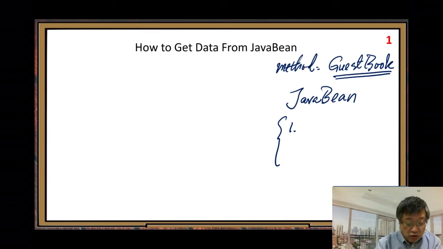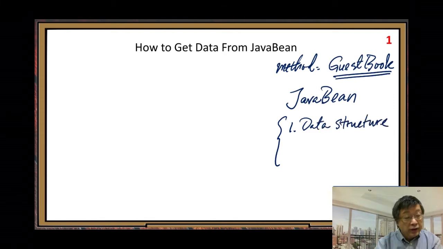That's the first way, used as a data structure, that is, to store structured data. There is a second way, also very important. In this example, we will use the second way.